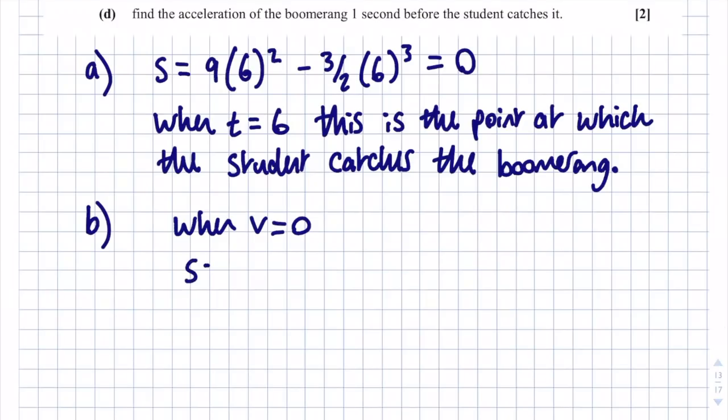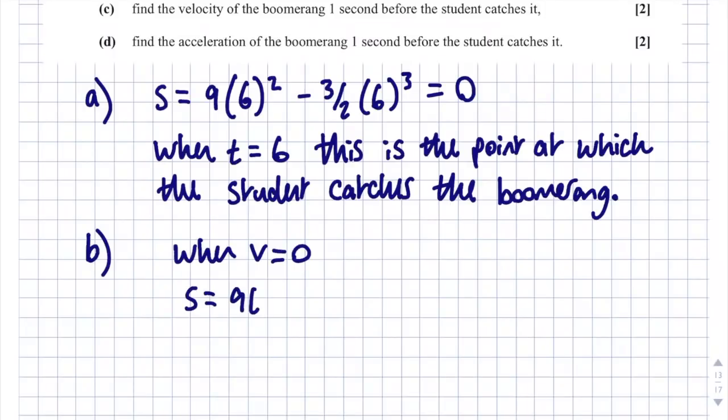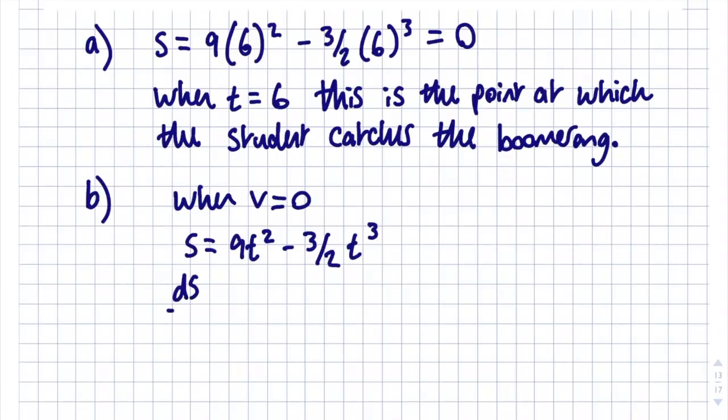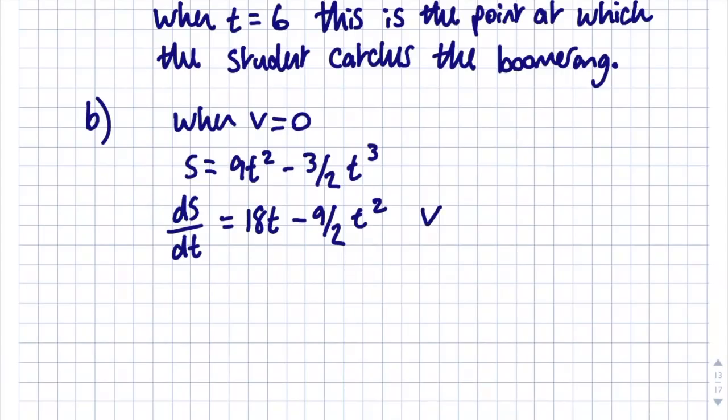So remember, s equals 9t squared minus 3 halves of t cubed. So ds by dt, which is equal to v, is going to equal 18t minus 9 halves of t squared. So v equals 18t minus 9 over 2 t squared.